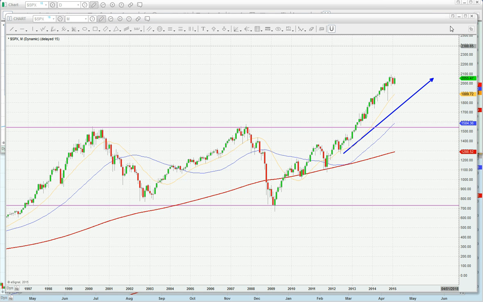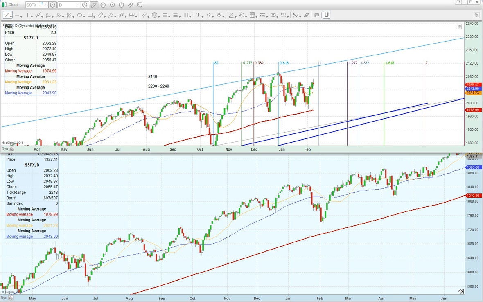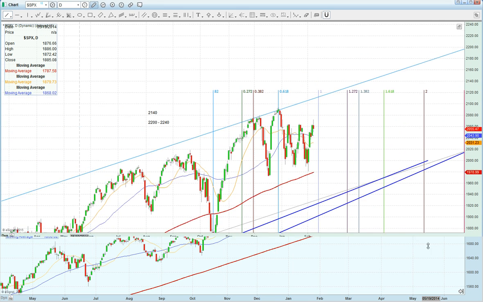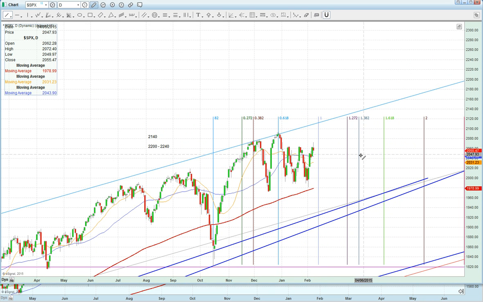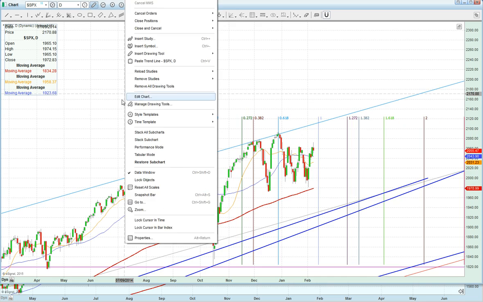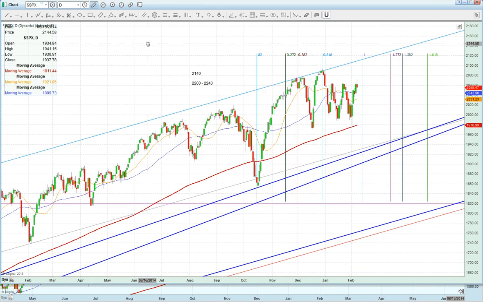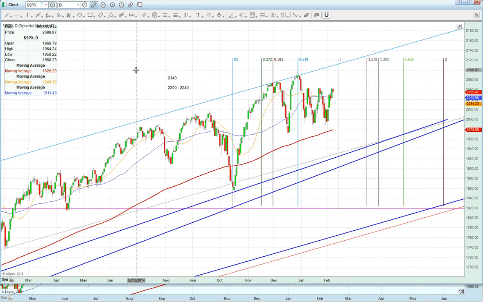Now, I also want to mention in terms of timing, so we're done with these other charts for comparison purposes. What we have here is a pivot point that might be happening soon, and this is more based on time rather than the patterns.